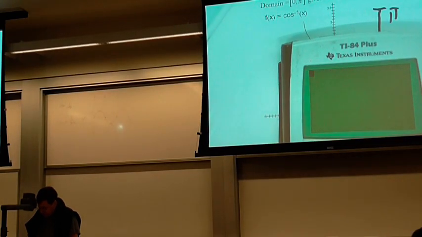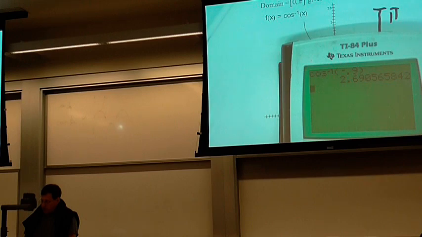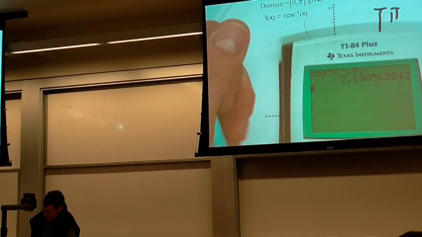Let's just take a look here. Let me put in inverse cosine of minus 0.9. So what is that number? I'm in radian mode, right?